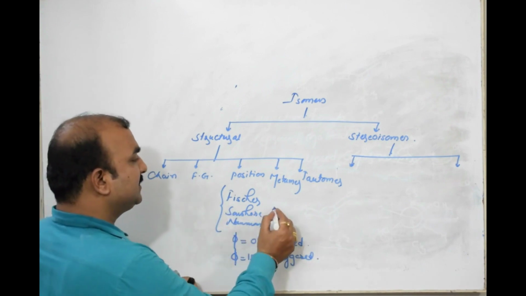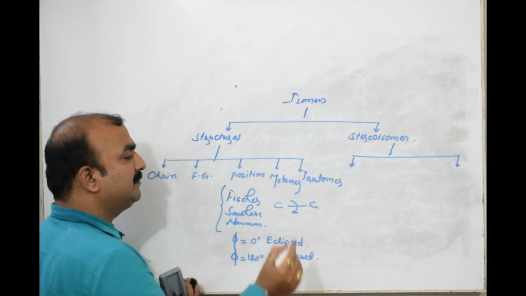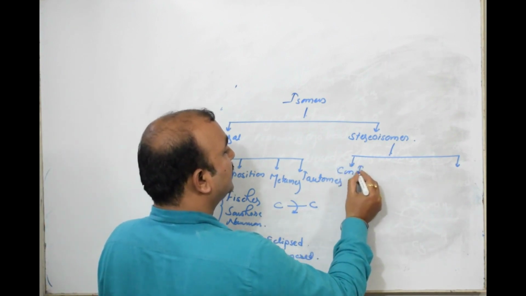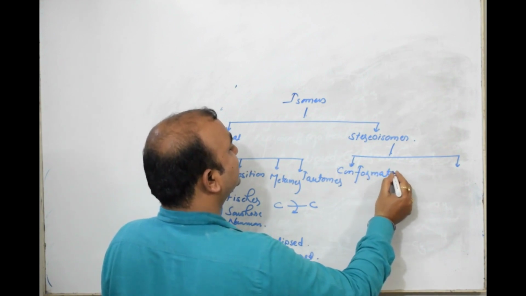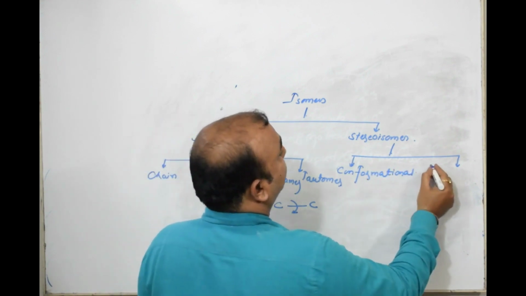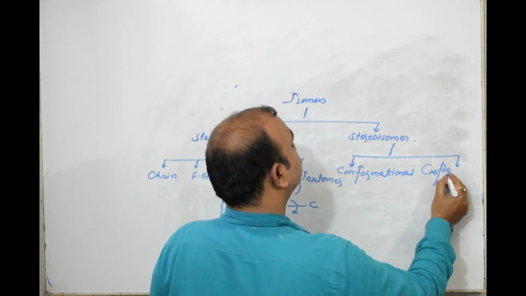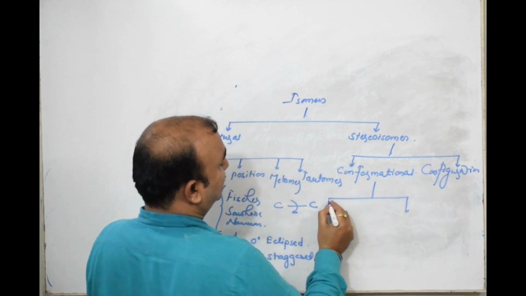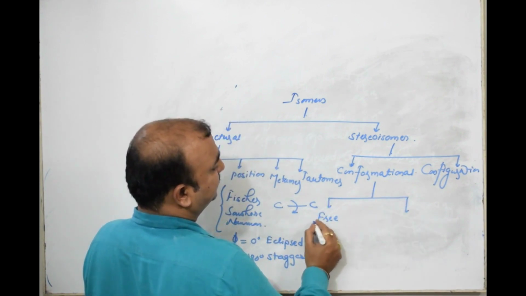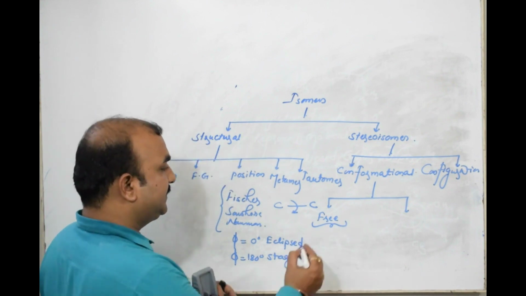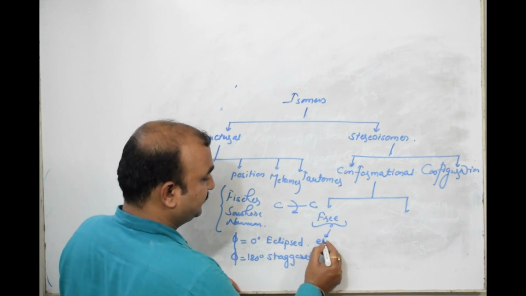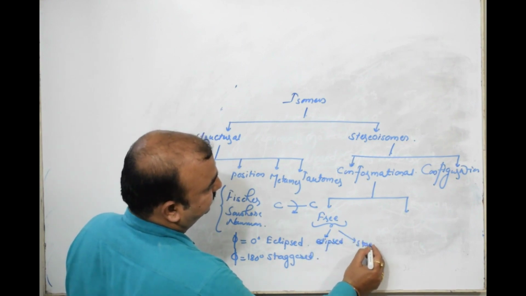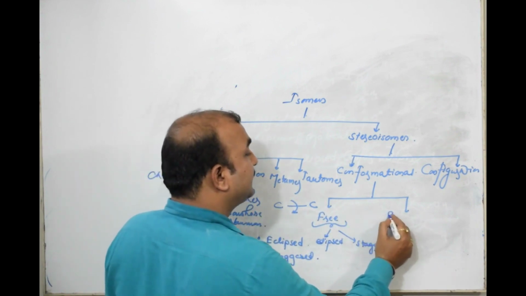So conformation is the phenomenon of isomerism, rotation around a carbon-carbon single bond. In the stereoisomer we have done conformational. It is classified as conformational isomer and configurational isomer. In the conformational isomer, when we have free rotation, it is eclipsed and staggered, and when we have restricted rotation.